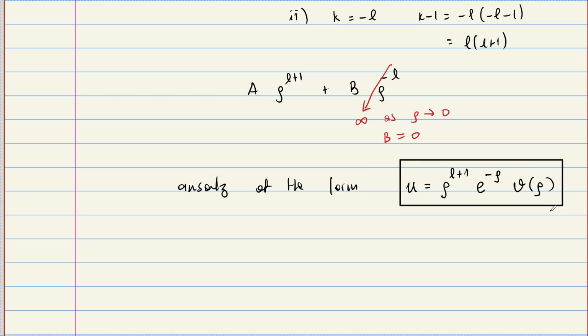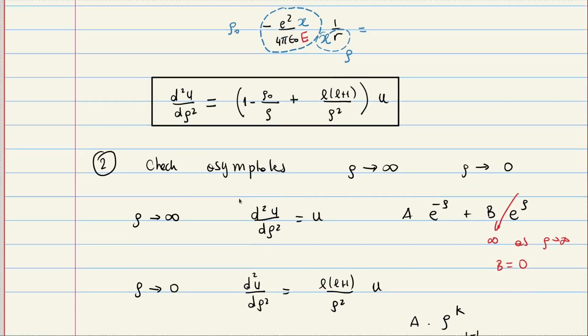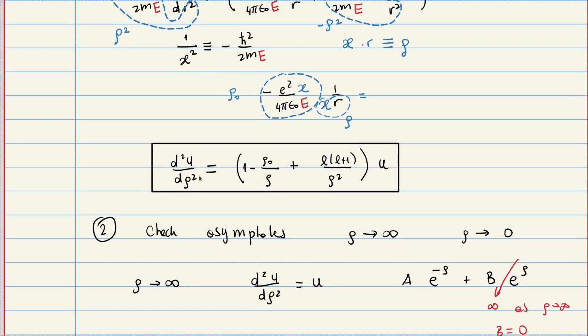So this is the second step is complete. So what I will do is now I'm going to calculate the second derivative of u and substitute in this equation, and I will transform this equation from u to v. And after that it is going to be ready for power series, and we are going to do power series, and we are going to try to find the spectrum.